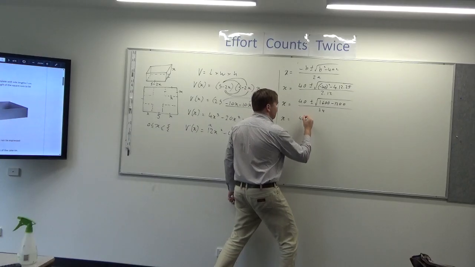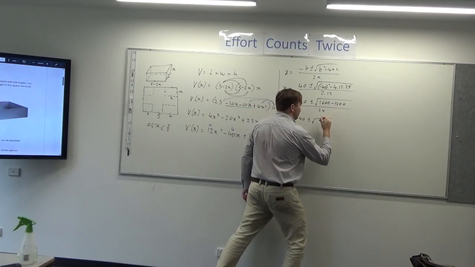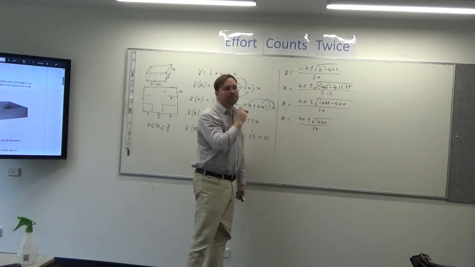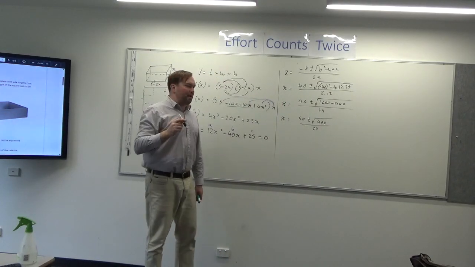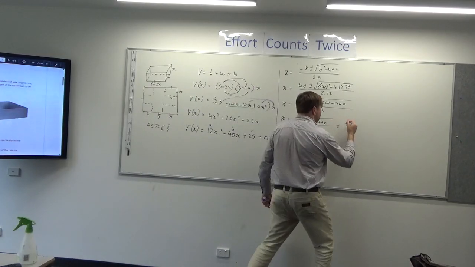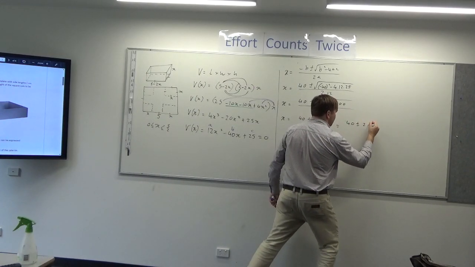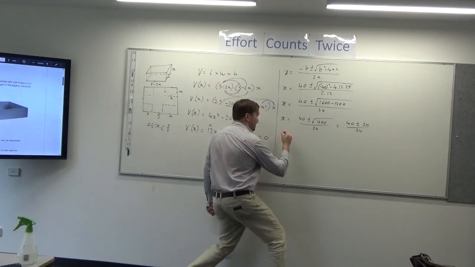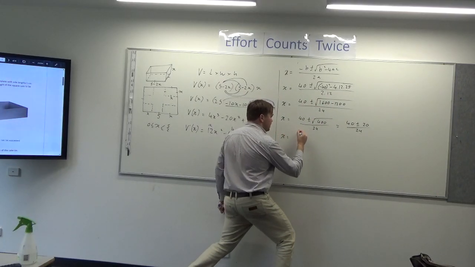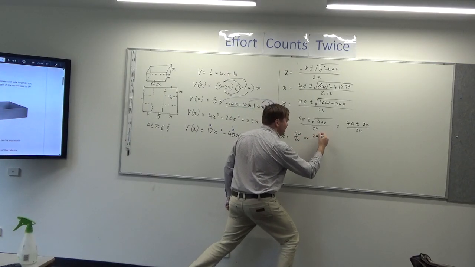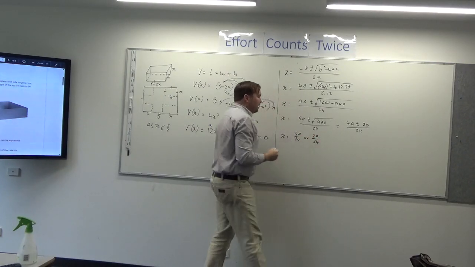X equals 40 plus or minus the square root of 400 on 24. Anyone happen to know root 400 off the top of their head? 20. Beautiful, 20. So this is 40 plus or minus 20 over 24. So x is equal to either 60 on 24 or 20 on 24.